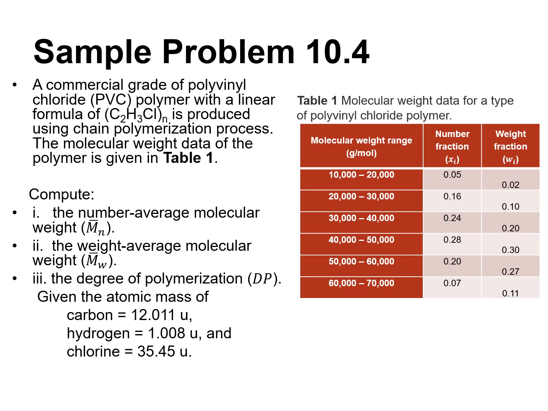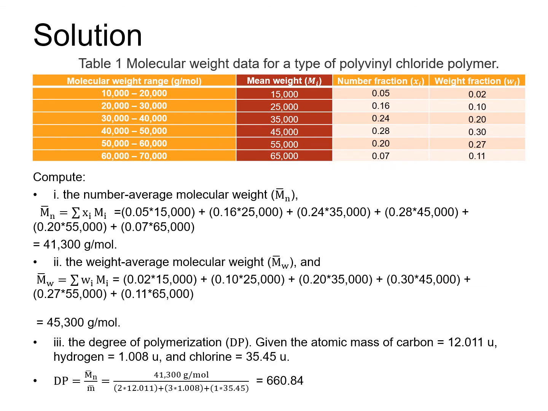So this example is using a different unit for the atomic mass. Carbon 12.011 u, hydrogen 1.008 u, and chlorine 35.45 u. For the molecular weight data for the PVC, we are given this data here. In terms of the solution, we need to solve for the number fraction and the weight fraction.